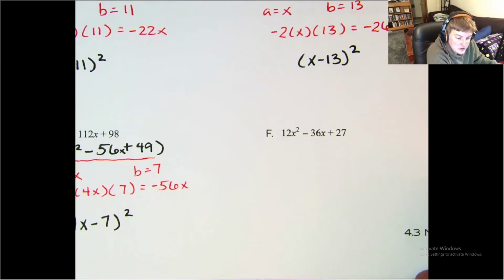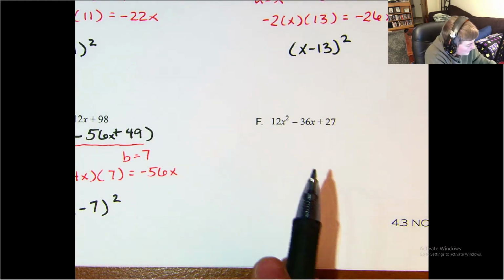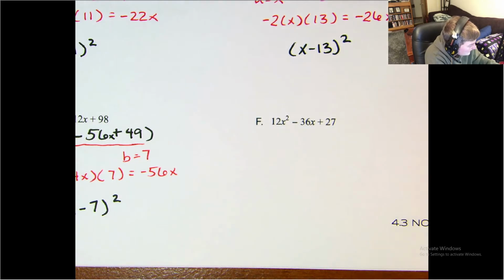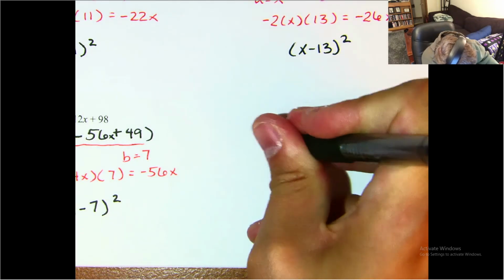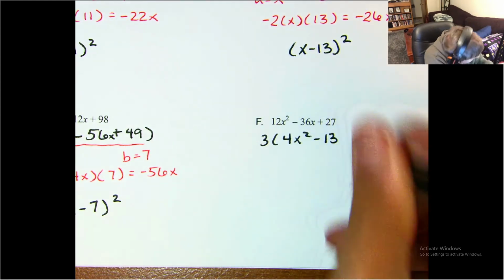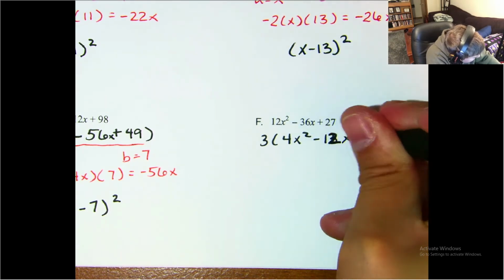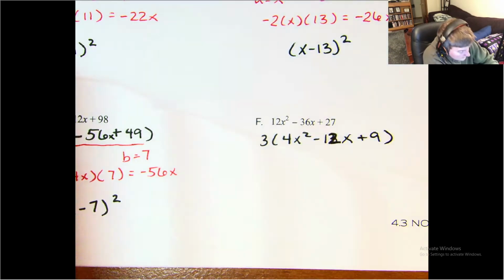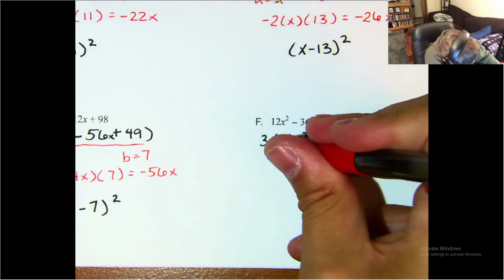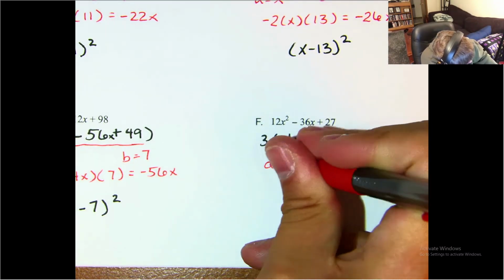Okay, the last one here, F. This one has a greatest common factor, right? I'm identifying a 3 dividing into each of these numbers. So I'm going to factor a 3 out to get 4x squared minus 12x plus 9. And again, I want to only concern myself with what's on the inside here. The root of my first is 2x.